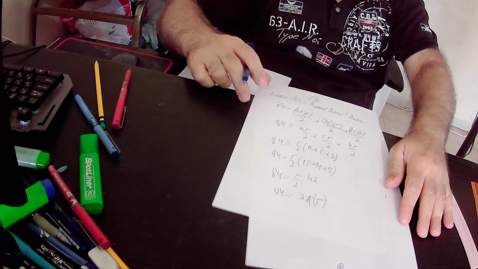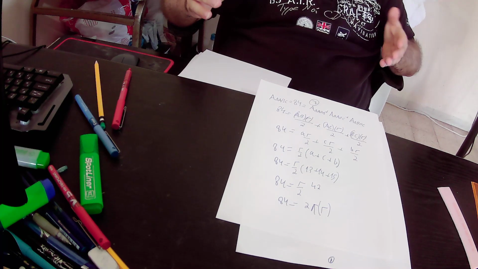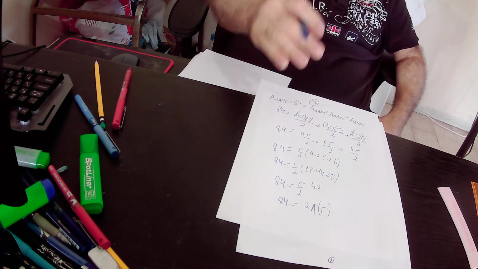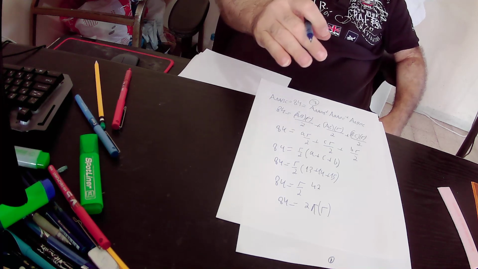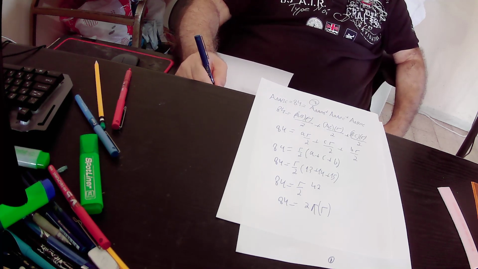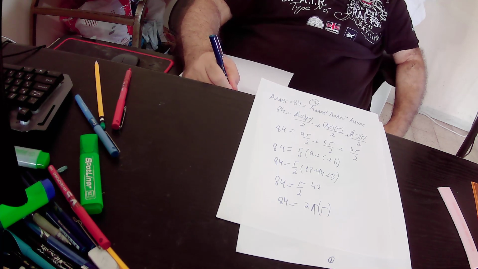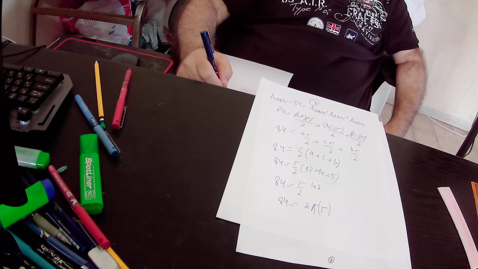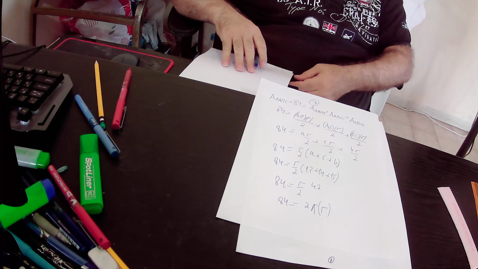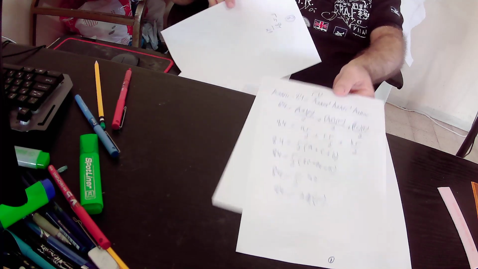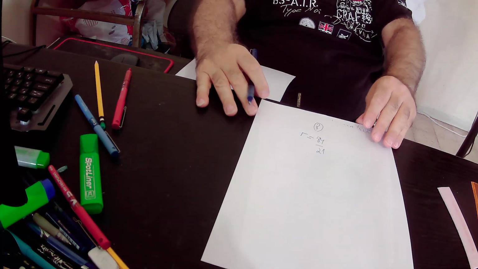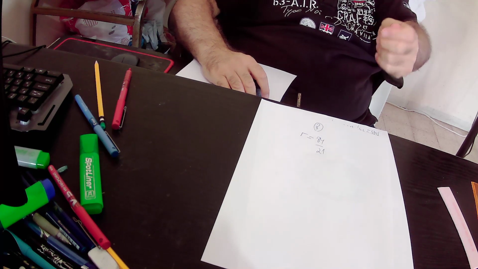84 equals 21 times the radius of the green circle. So here we will divide this equality by 21 in order to get the value of the radius of the green circle, and we will get that the radius of the green circle will be equal to 84 over 21, and 84 over 21 is 4.